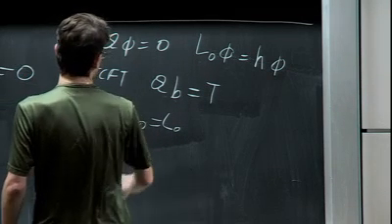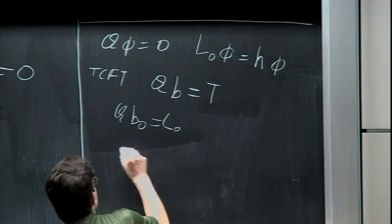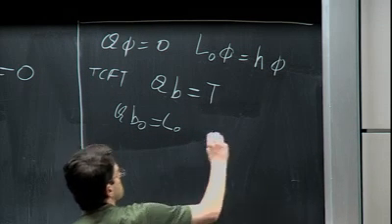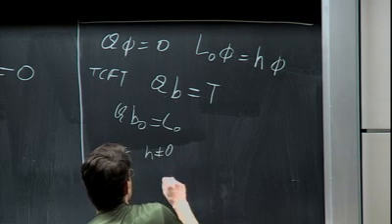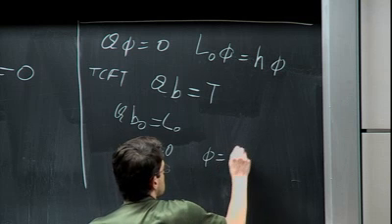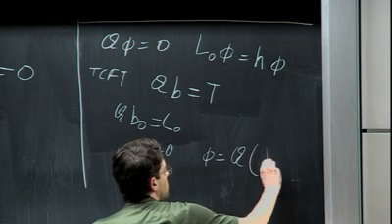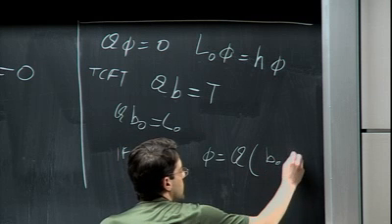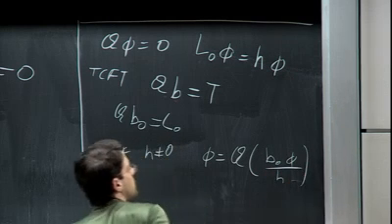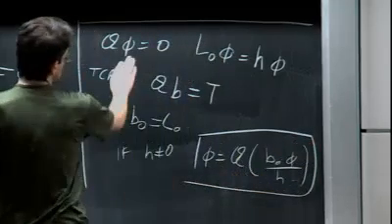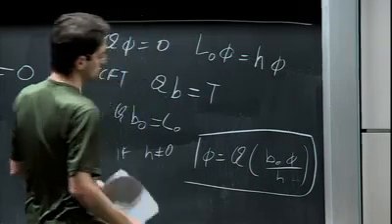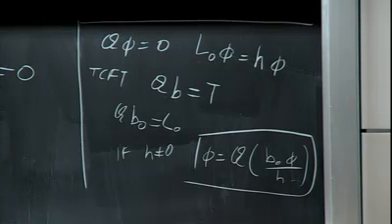So what we know from here is that now if h is different than 0, then you can write phi as Q of the B0 phi over h. So you just proved that a BRST closed guy is also BRST exact. So that is why you are guaranteed to find the solution to this equation here.